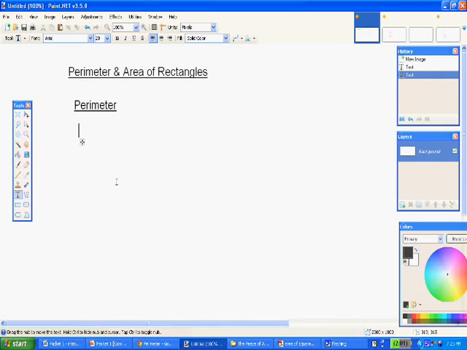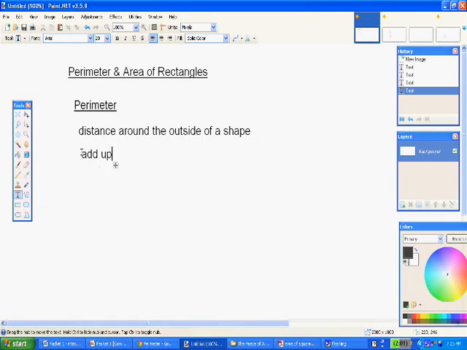Okay, so what perimeter is, it's the distance around the outside of a shape. And to find perimeter, all you do is you add up all the distances around. Okay? So I will do some examples.